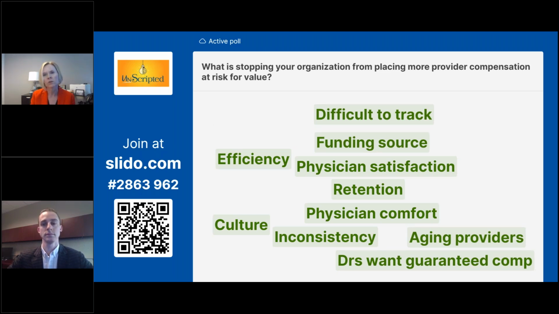And we rushed to do that really without some of the education, the cultural foundation setting, the change management aspects that needed to occur.